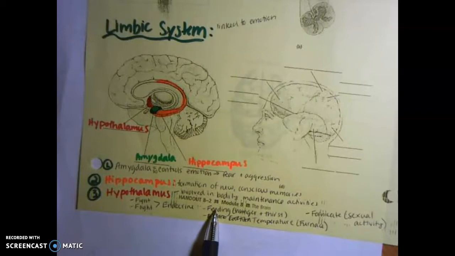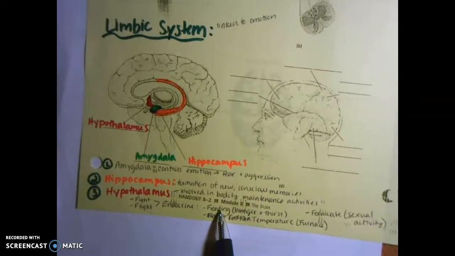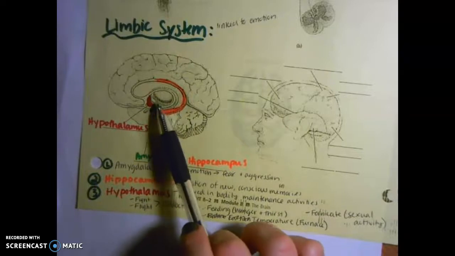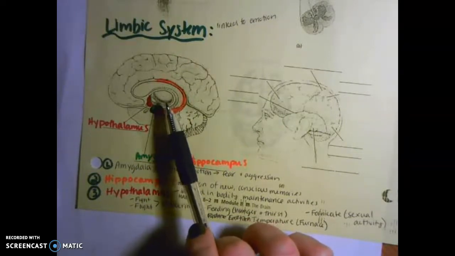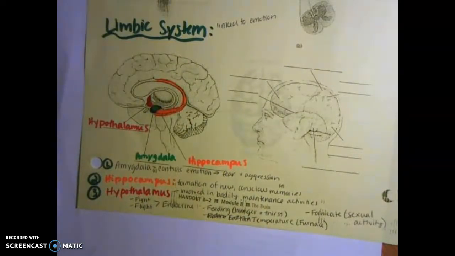Your book talked to you about a study that was done with different animals, specifically rats. But when you're talking about this feeding portion of the hypothalamus, if you put an electrode in different parts of the hypothalamus, it's going to stimulate the hypothalamus to behave in different ways.